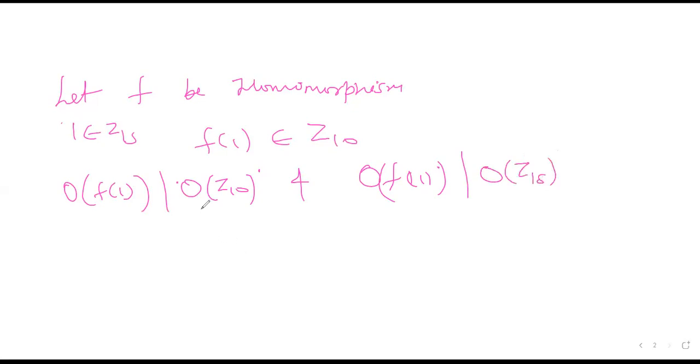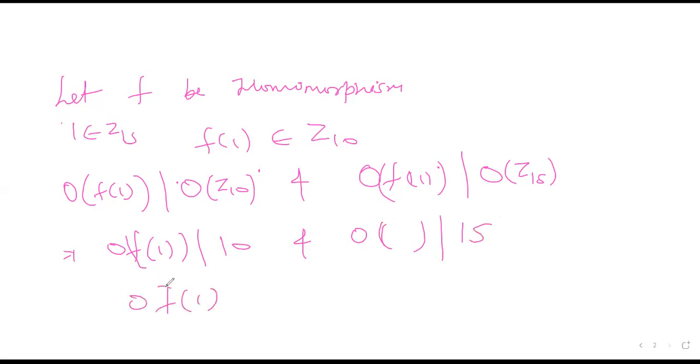If you see, what are the possible orders of f(1)? The order of f(1) divides 10, and this order also divides 15. So the possible order of f(1) is either 1 or 5, right?